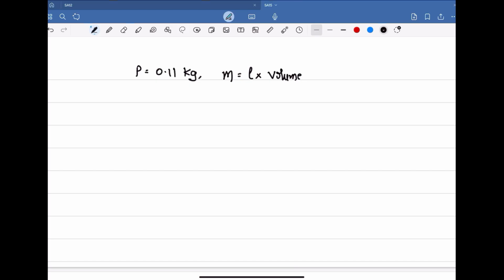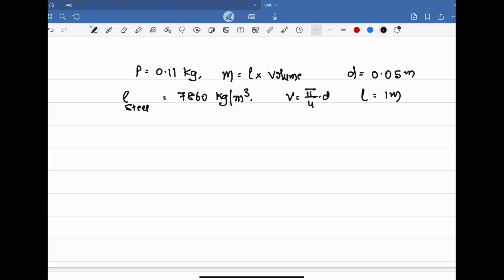What is rho? Rho of steel, we can take it as 7860 kg per cubic meter. What is the volume? It is a 0.05 meter, 50 mm diameter circular pipe with a length of 1 meter. Pi by 4 d square into L. This is the volume.